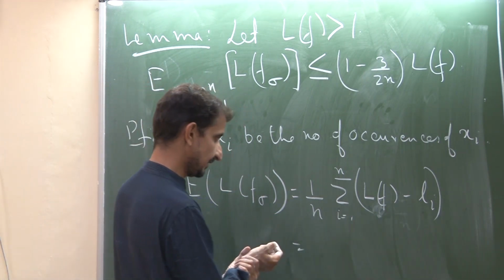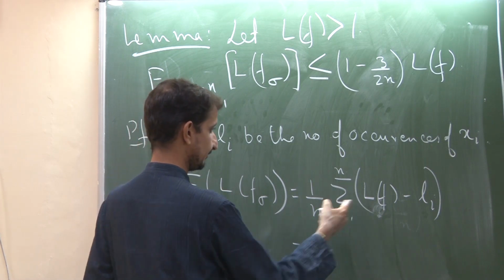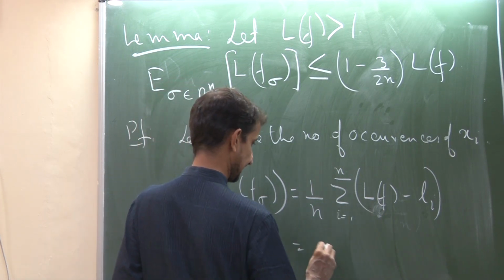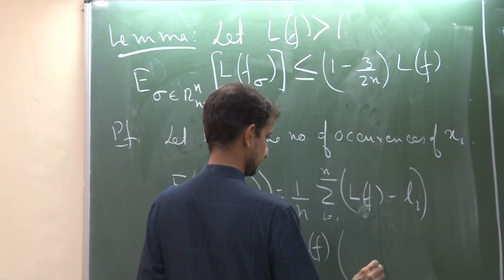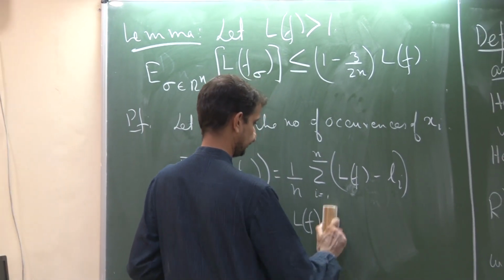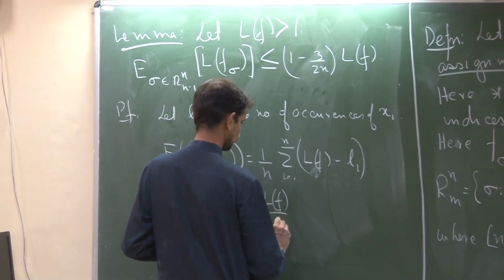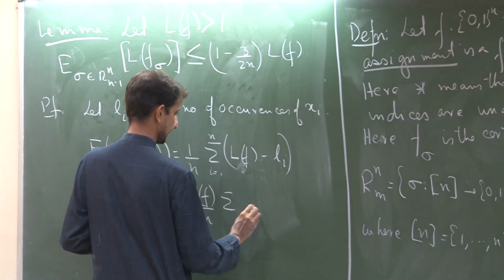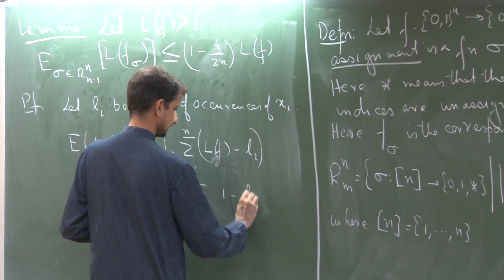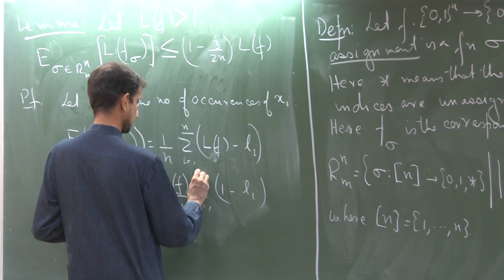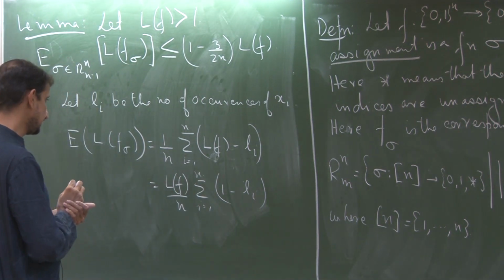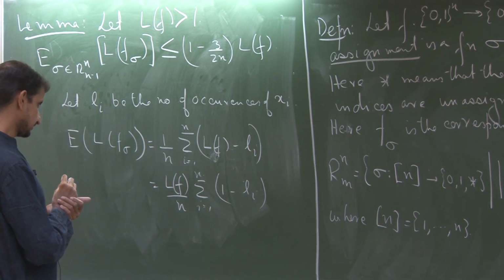Now, what is this quantity over here? So, LF is independent of this, so I can take LF outside. So, I get LF by n, sigma 1 minus Li, i going from 1 to n.